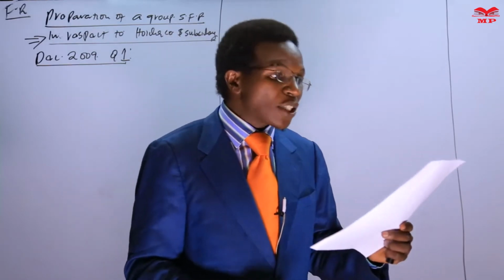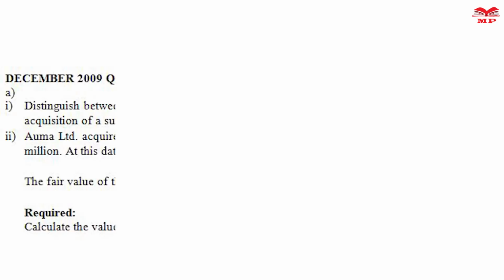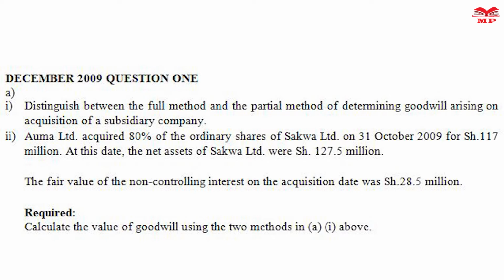So let's start with the partial method. Auma Limited acquired 80%, meaning Auma is the holding company. It has acquired 80% ownership of Sakwa Limited. Sakwa is the subsidiary, and they paid 117 million, which is the purchase consideration.